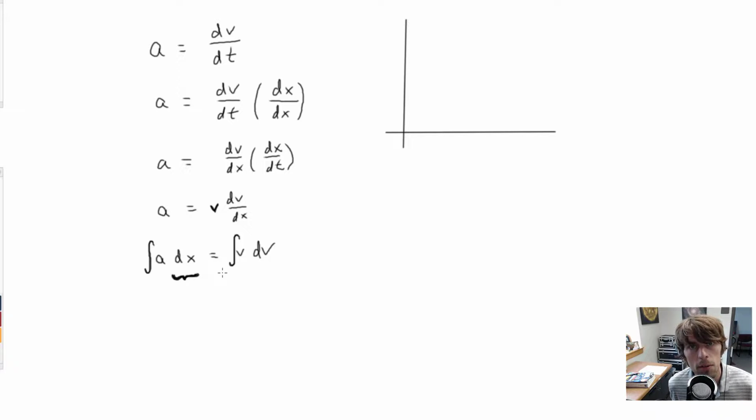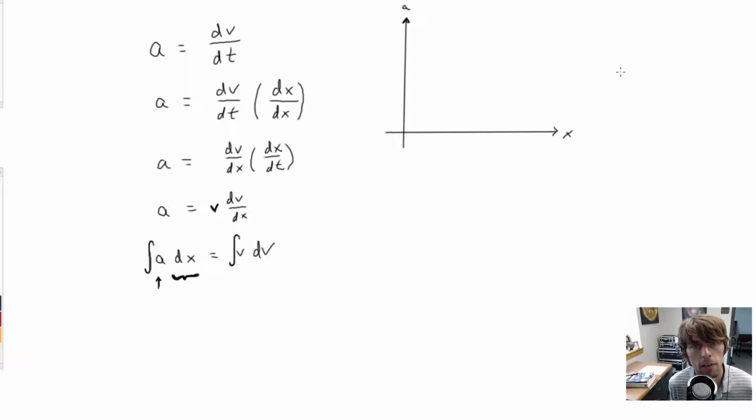So the last time we did it, it was dt, time was the independent variable. Here we're going to use x as our independent variable, so that goes on the horizontal axis. And then this term right here will go on my vertical axis, so I'll put my acceleration.